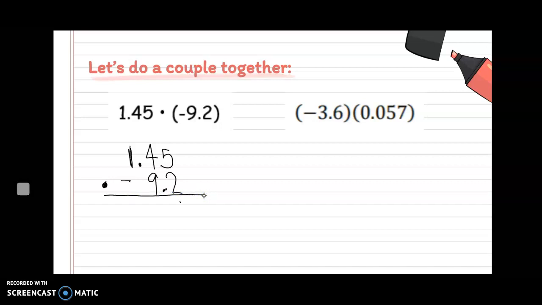2 times 5 is 10, carry a 1. 2 times 4 is 8 plus 1 is 9. And 2 times 1 is 2. Then I'm going to place my 0 here because I've already used this space. I'm going to come over and multiply 9 times 5 is 45.